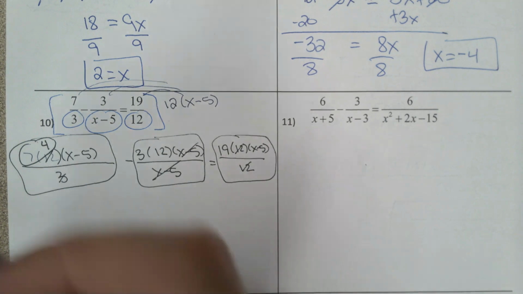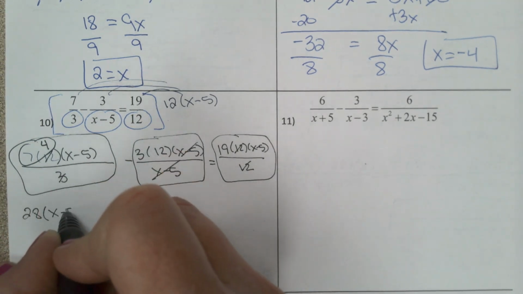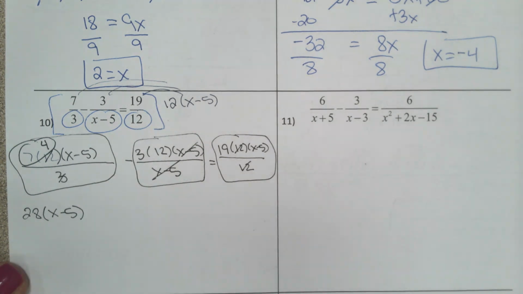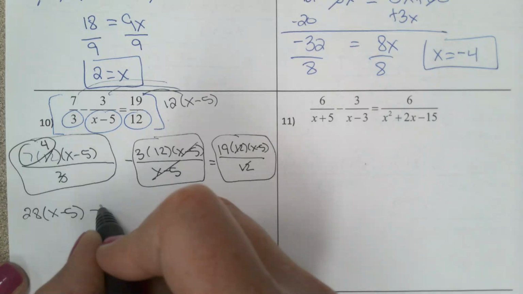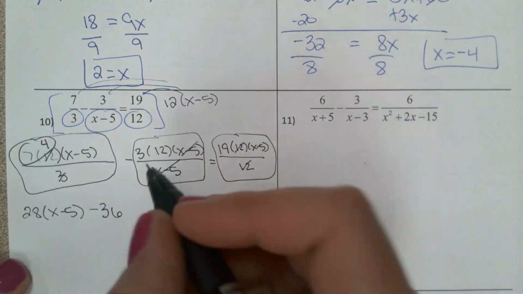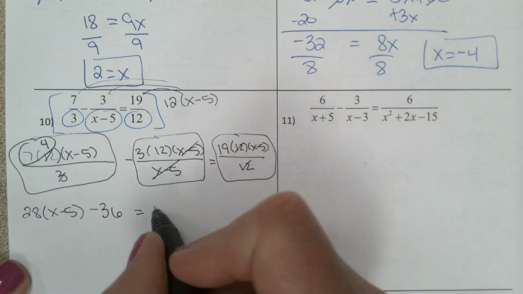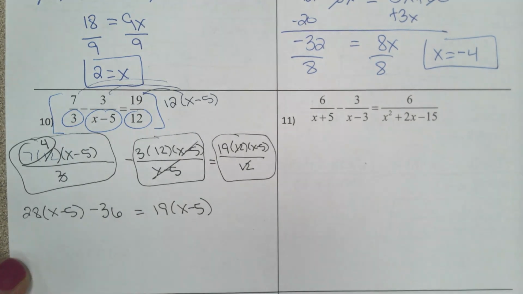All right, so for the first one, I have a couple different steps to do. First thing I'm going to do is multiply 7 times 4. And then I still have that x minus 5 I'm going to distribute in a minute. Here, all I have is 3 times 12. Bring down your subtraction sign, so you have a minus 36. And on the right side, I still have the 19 and the x minus 5.